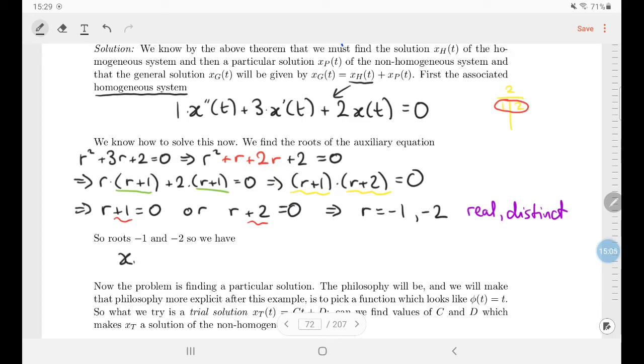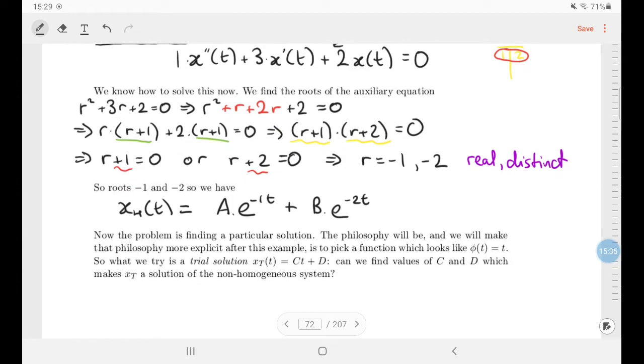So xh of t equals, we know we have a solution e to the minus 1t. We know we have a solution e to the minus 2t. We know that multiplying solutions by constants gives us more solutions, and we know that adding solutions together does too, and this is the homogeneous solution. And because the a and the b are there, that's where you capture the infinitely many solutions. Right. Now the question becomes finding a particular solution.